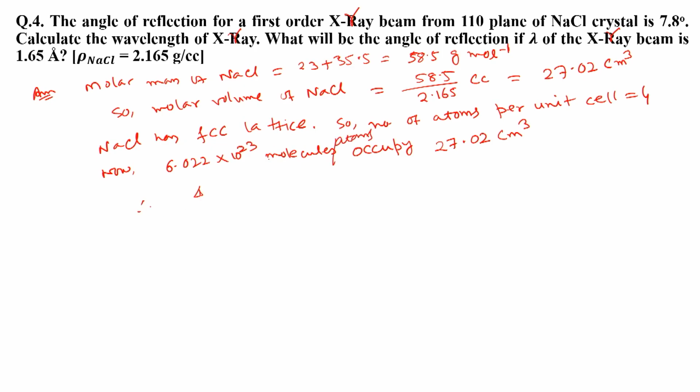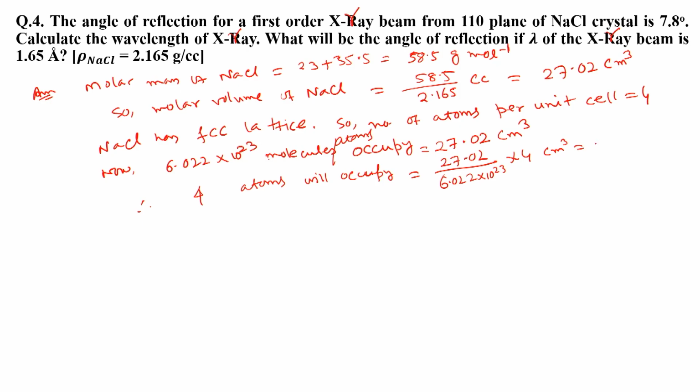Therefore 4 atoms will occupy 27.02 by Avogadro number, 6.022 times 10 to the 23, times 4, centimeter cube.